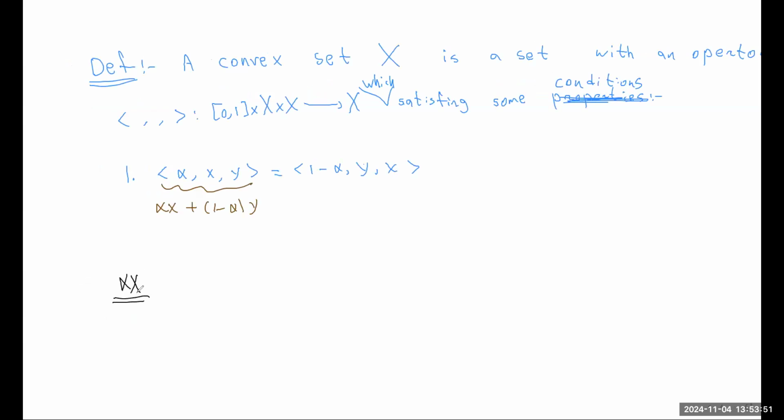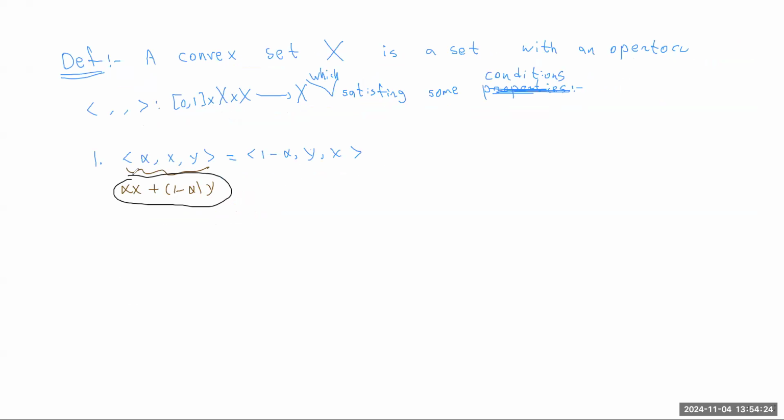There is a meaning for a convex combination, when we have a number between 0 and 1 and a pair of elements inside X, which gives a meaning inside X by this operator. But this by itself or this by itself has no meaning because we are not inside a vector space.